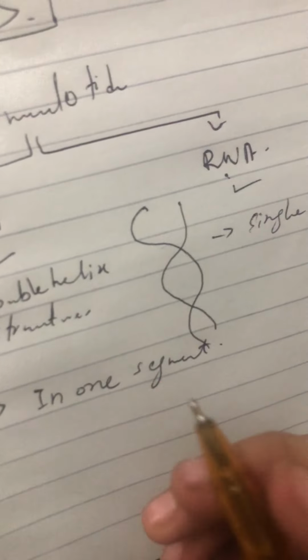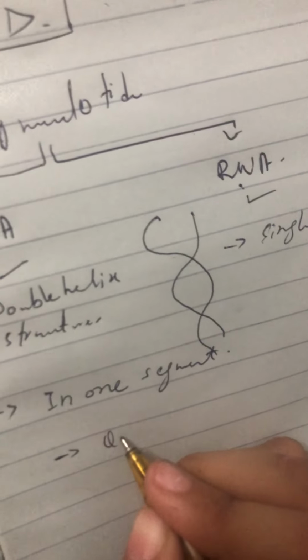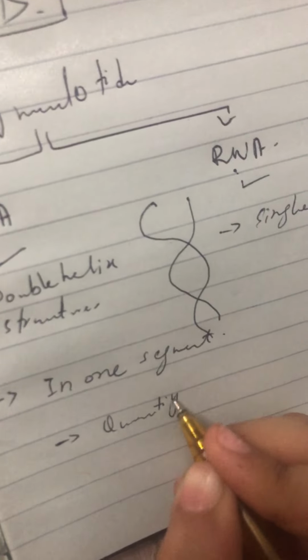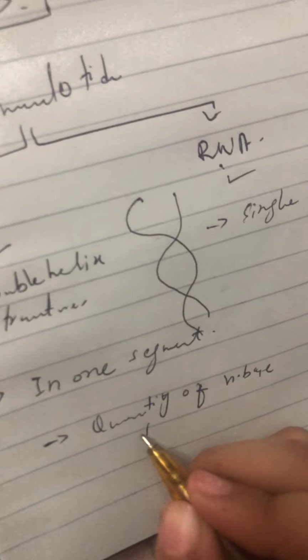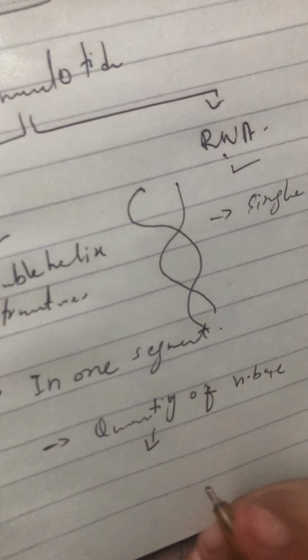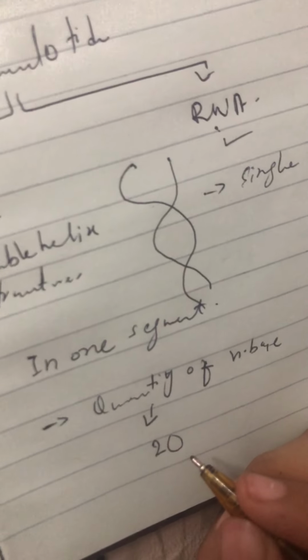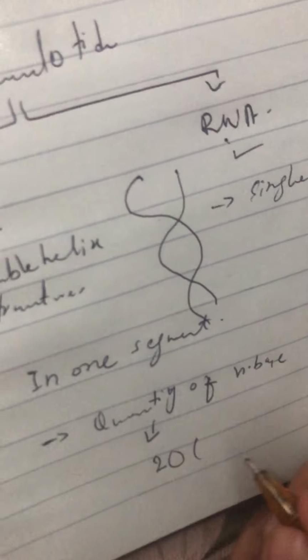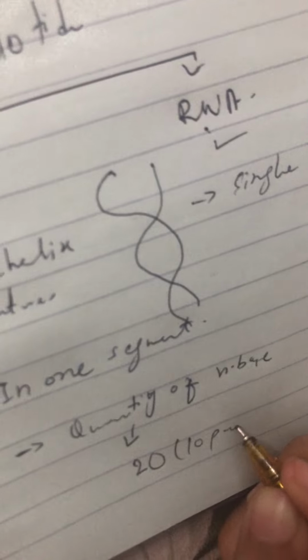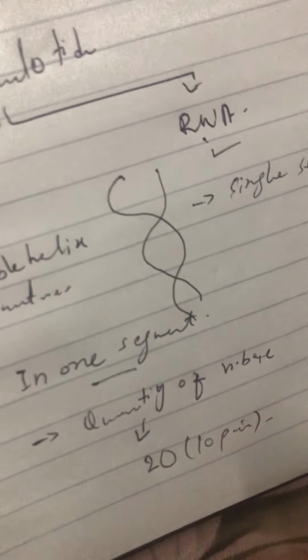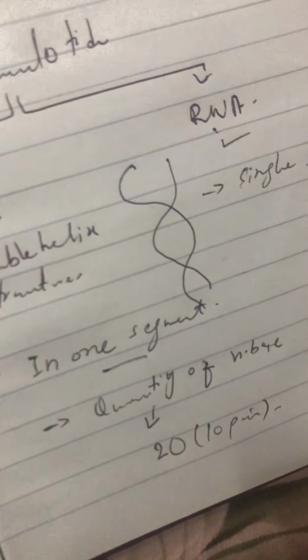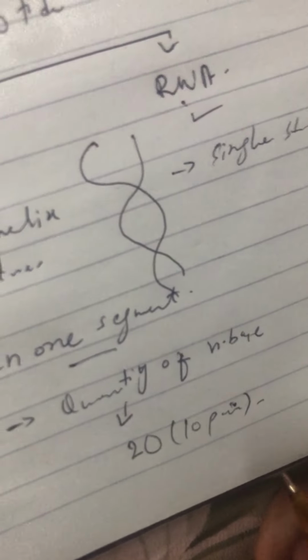After that, if we talk about DNA in one segment, if we talk about the quantity of nitrogenous base, 20 total nitrogenous bases are present in one segment, which means 10 in pairs.